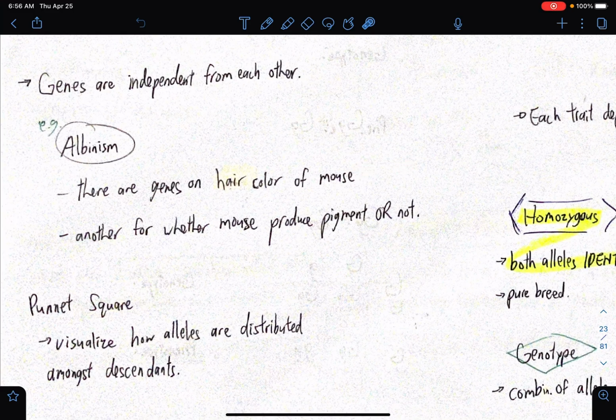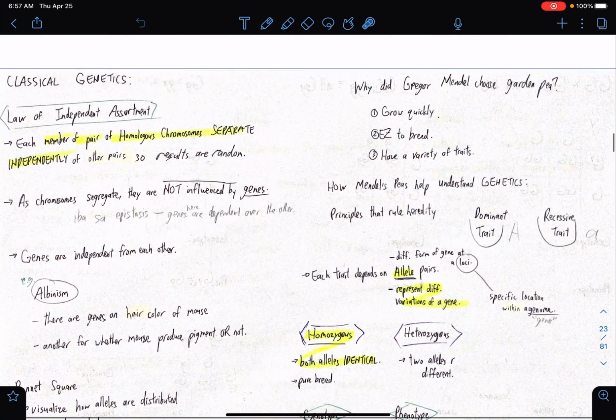Even though the parents are either of those two colors, say a brown female mouse and a gray male mouse, there's a chance that the offspring would be albino. That means they're white. They wouldn't have any pigment.